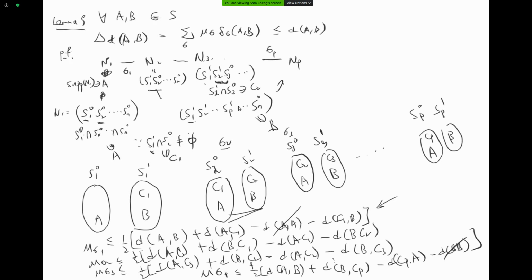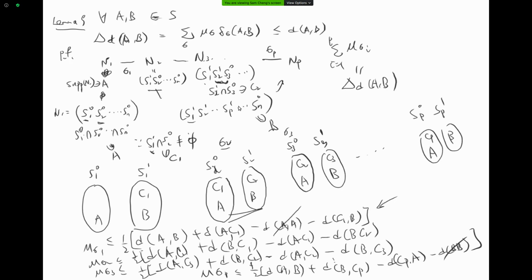And then, as I said, we can add all the left hand side and right hand side. If I add all the left hand sides, I have the sum over mu sigma i from 1 to P, and as you can see, this is exactly equal to delta d AB.